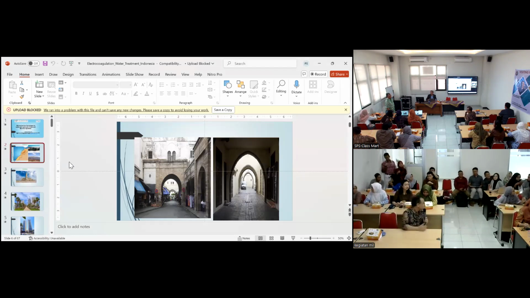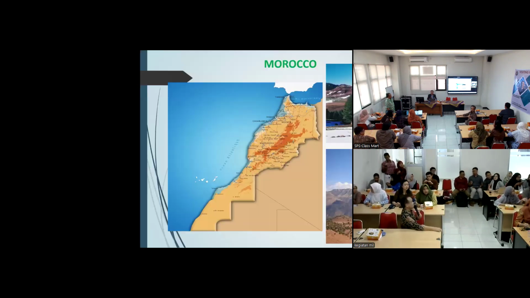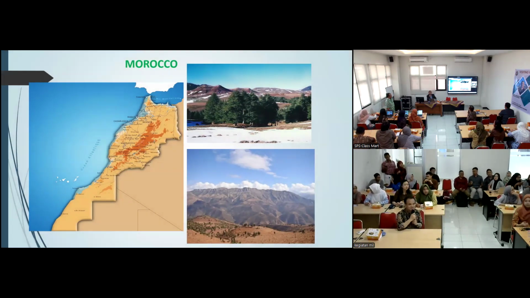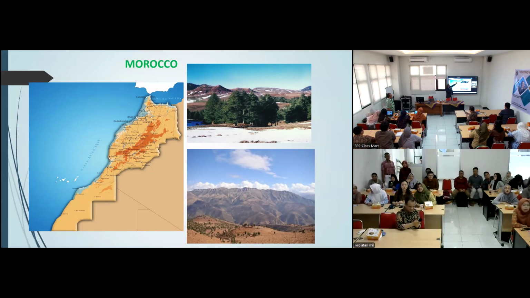Yes. Any more questions? Just to have an idea about Morocco, this is the map of Morocco. It's in north of Africa. This is Morocco. The capital is Rabat, not Casablanca. Rabat is my city, but I work in Casablanca. There is the Mediterranean Sea and the Atlantic Ocean. These are some examples of different kinds of climate and geography.